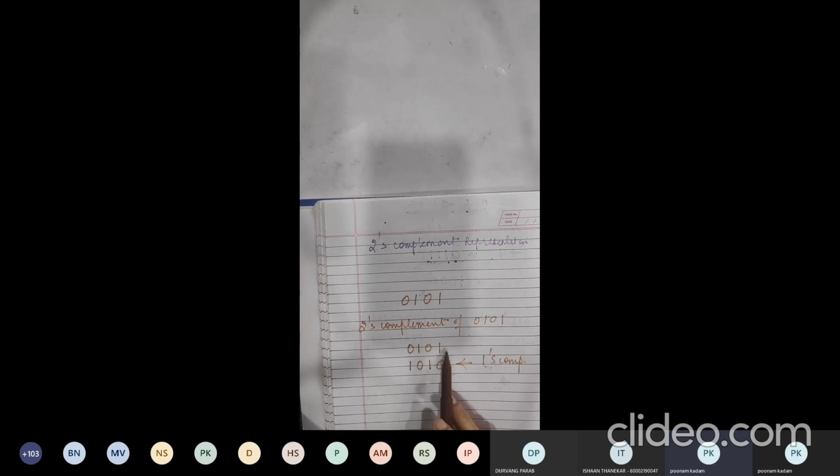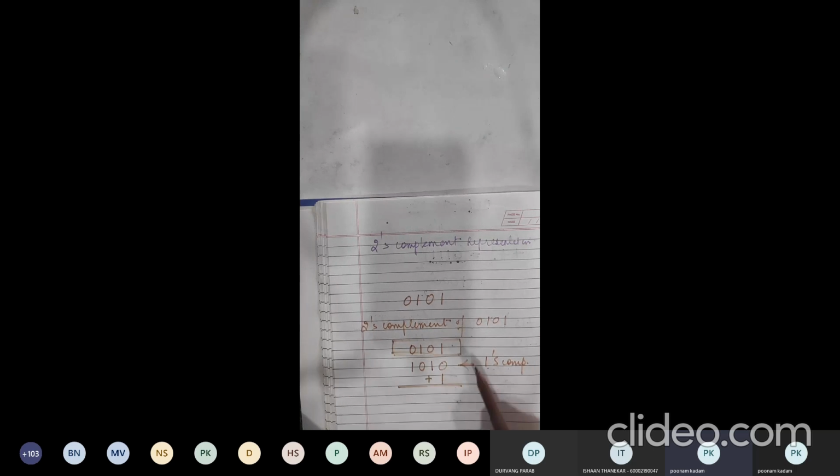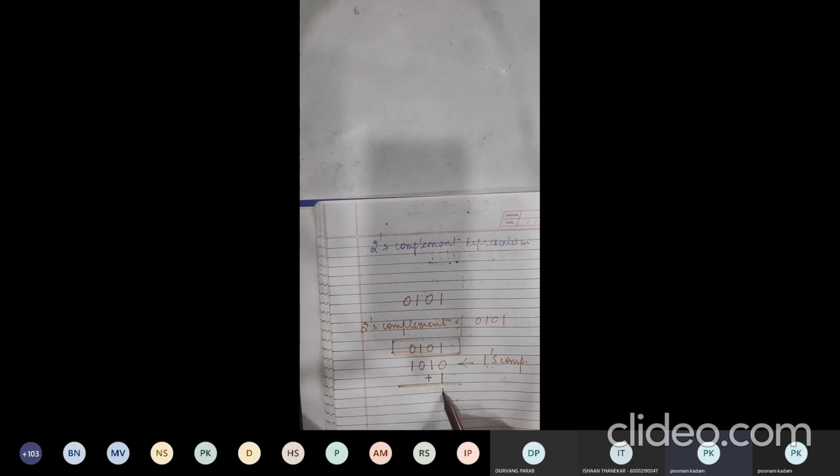And then you add 1 to the 1's complement. This is the number given, the number whose 2's complement you want to find out. So you first find the 1's complement of that number and then you add 1 to it. So when you add 1 to it, what will you get? 0 plus 1 is 1. This will come as it is 1. This will come as it is 0.